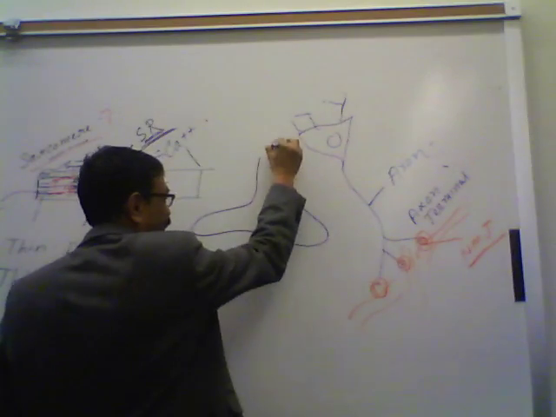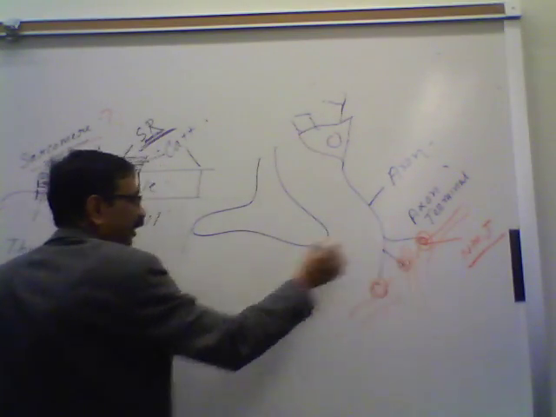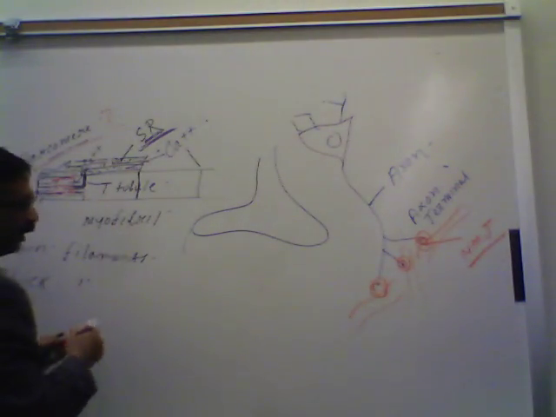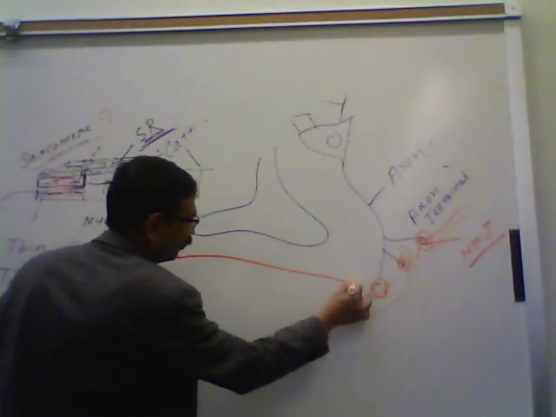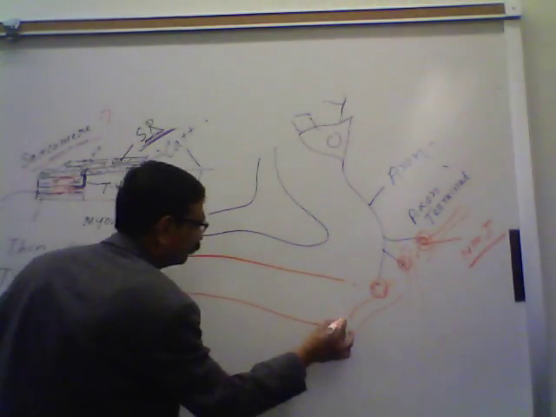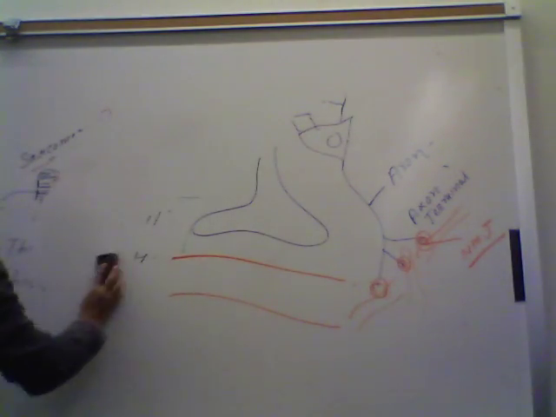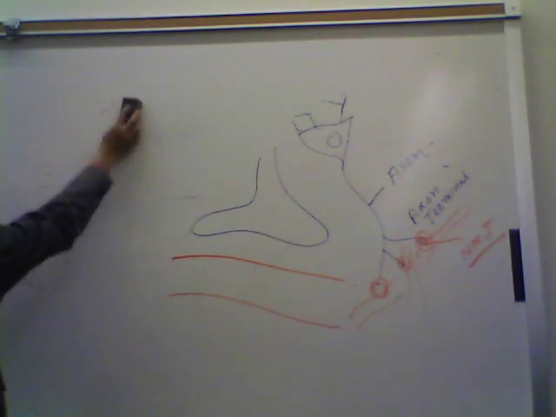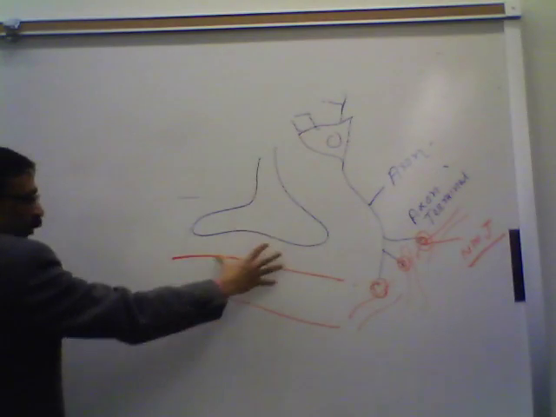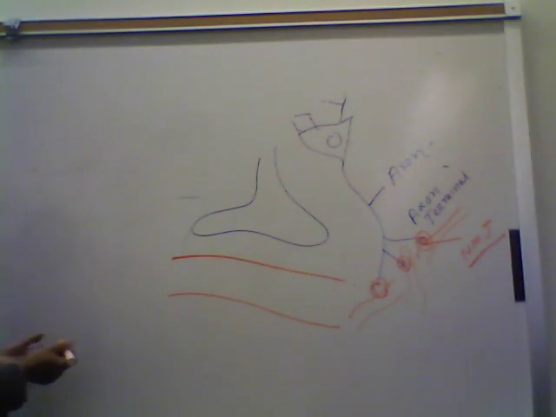This is the axon terminal, and this is the muscle fiber. So this is the neuromuscular junction.